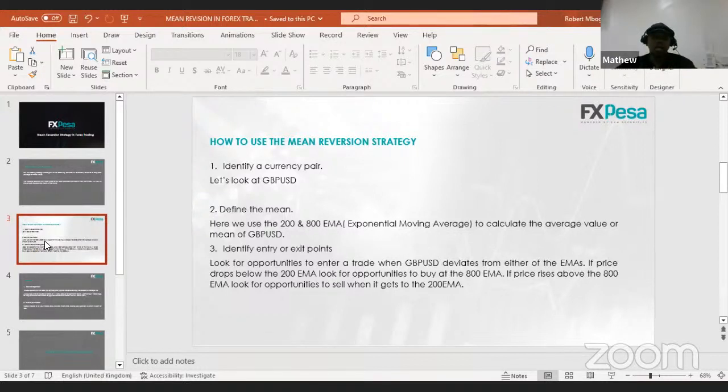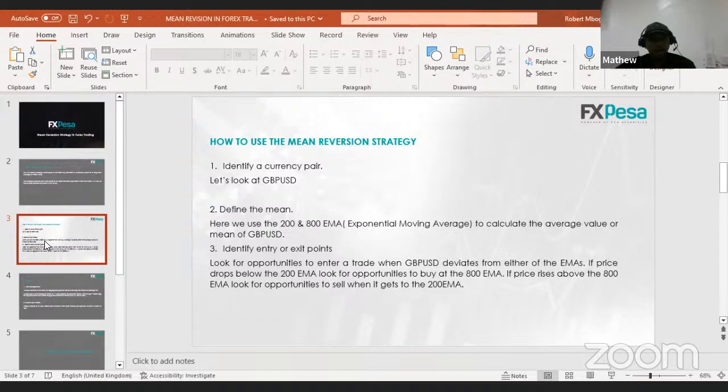Second, you'll have to define the mean. You can use simple moving averages or exponential moving averages, but in our case we'll use the EMA, the 200 and the 800, so that we have a live example of how this plays out, and you're able to calculate the average value or the mean of GBP USD.